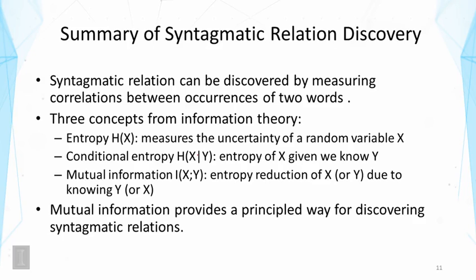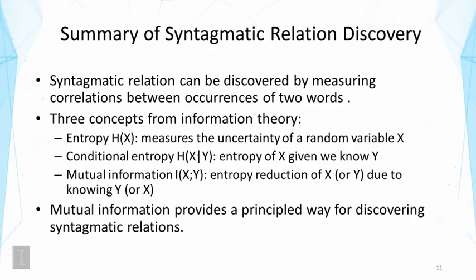Now note that there is some relation between syntagmatic relation discovery and the paradigmatic relation discovery. So we already discussed the possibility of using BM25 to achieve weighting for terms in the context to potentially also suggest the candidates that have syntagmatic relations with the candidate word. But here, once we use mutual information to discover syntagmatic relations, we can also represent the context with this mutual information as weights.